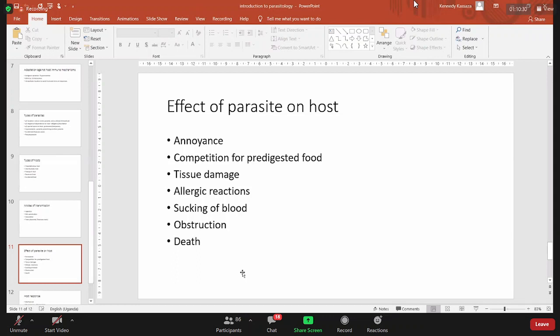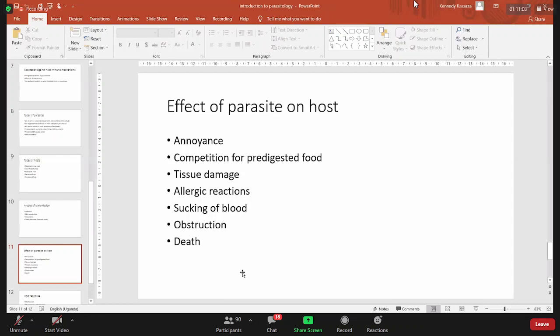Other parasites suck blood. We have examples of mosquitoes, lice, and bedbugs. Some parasites can obstruct lumens and ducts. For example, Ascaris lumbricoides can block the intestinal lumen, but also the bile duct.